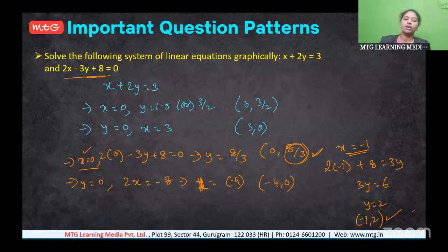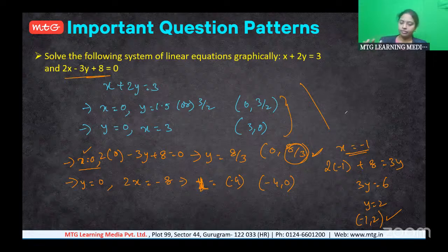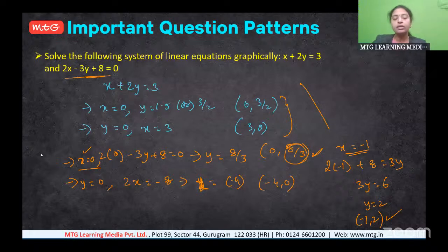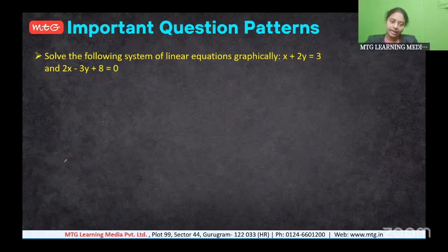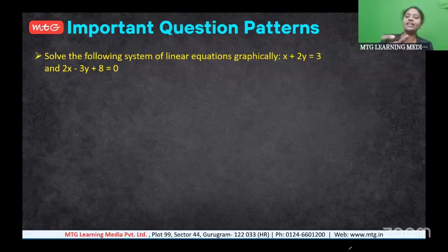Clear? Now, using these two points, you get a straight line. Using these two points, you get another straight line. Are they intersecting at any point? How are they intersecting and what is the point you need to observe? If you have understood the chapter clearly, before solving this graph, you can directly visualize whether this is going to result in intersecting lines, parallel lines, or coinciding lines.